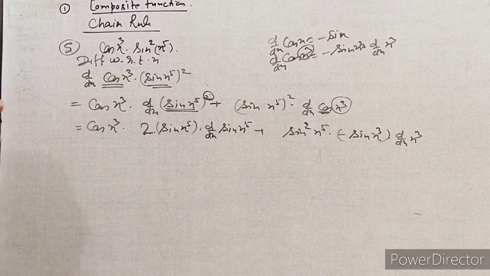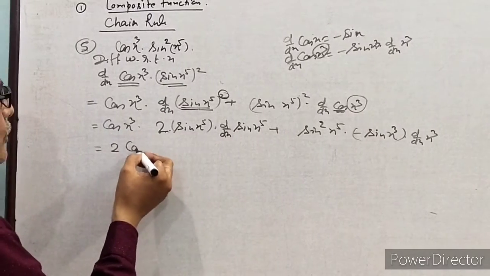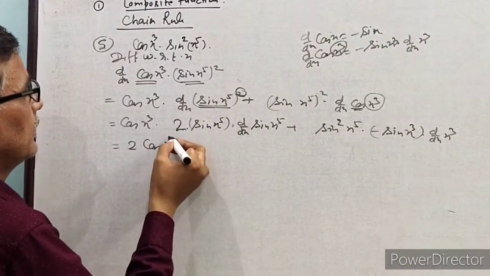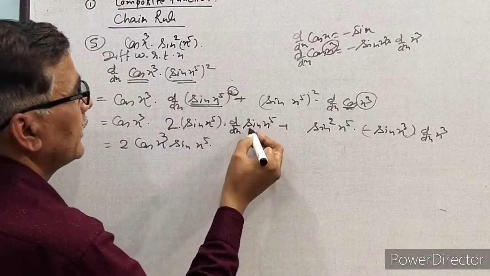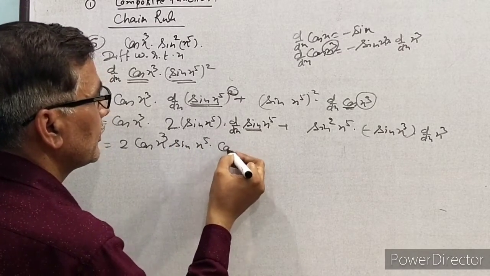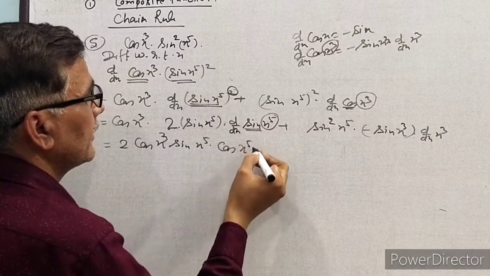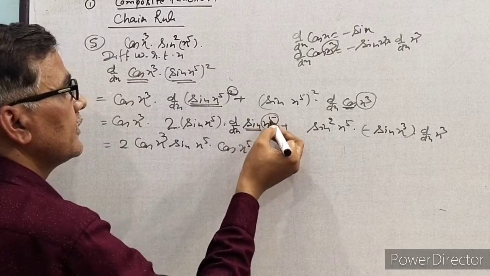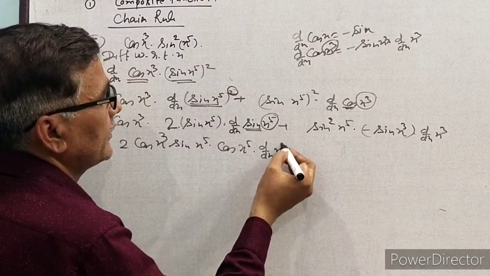We have to use this fact. Now multiply this by 2 into cos x cube into sin x raised to 5. The derivative of sin becomes cos x raised to 5 considered as x, and we have considered x raised to 5 as x, so differentiate it again.